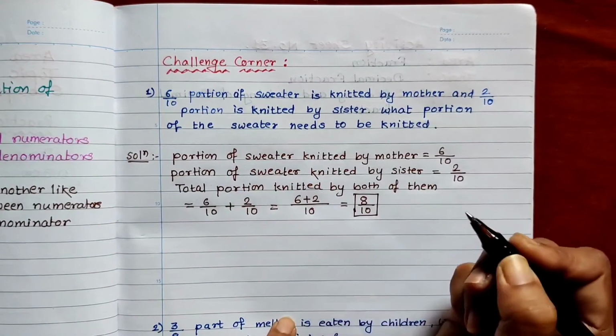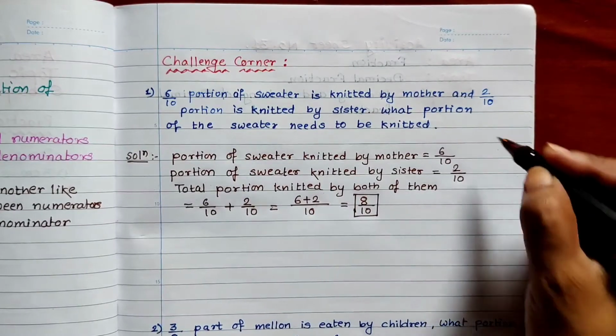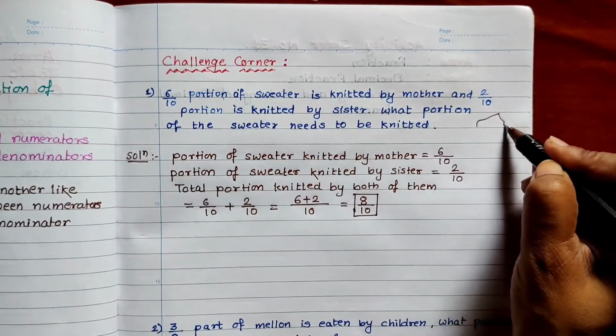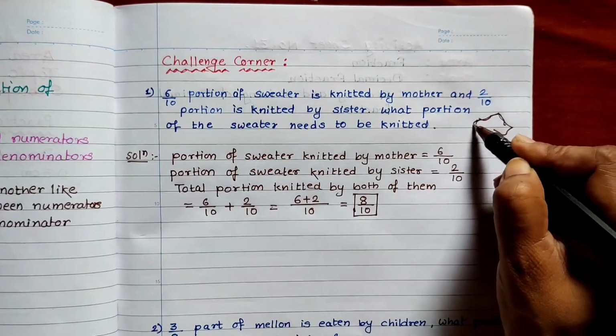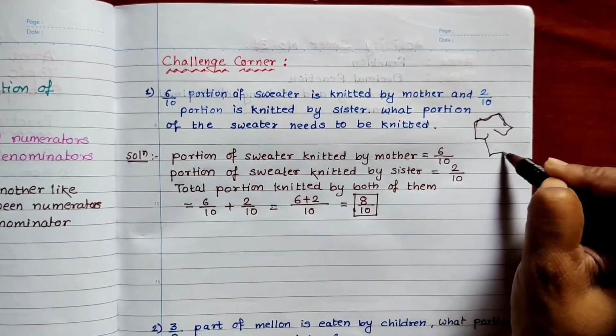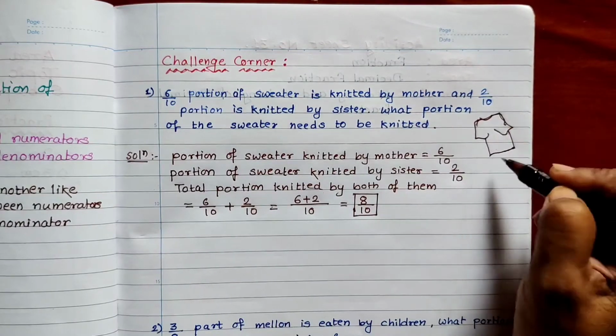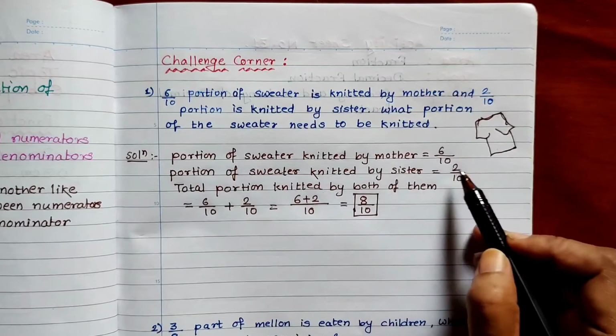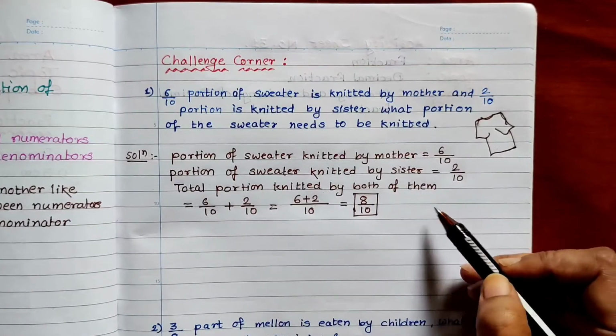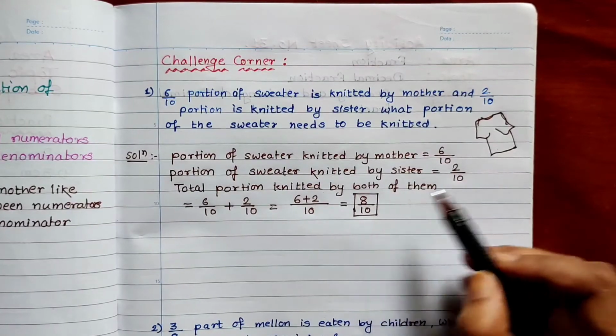How much portion is remaining to be knitted? Now there is one full sweater. Okay, some portion, that is 6 upon 10 portion, is knitted by mother. 2 upon 10 portion is knitted by sister. Together they both have knitted 8 upon 10.